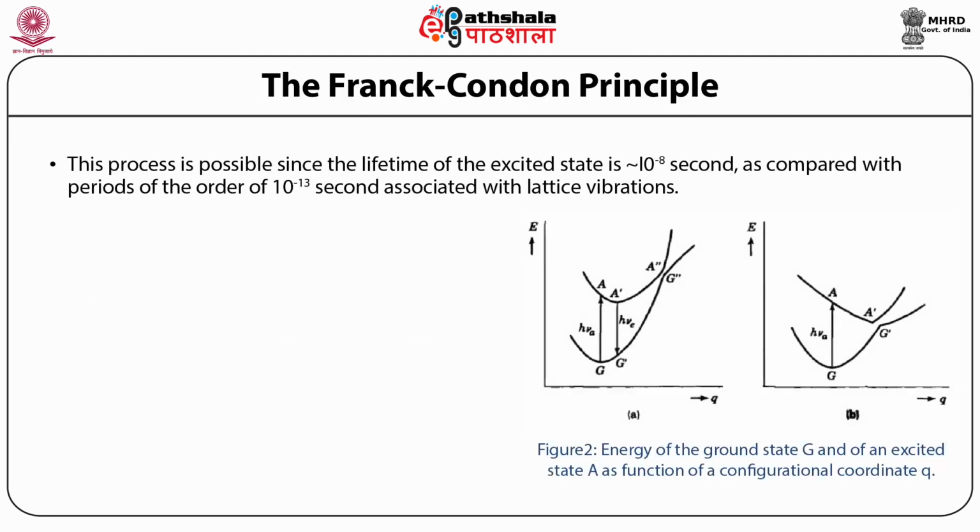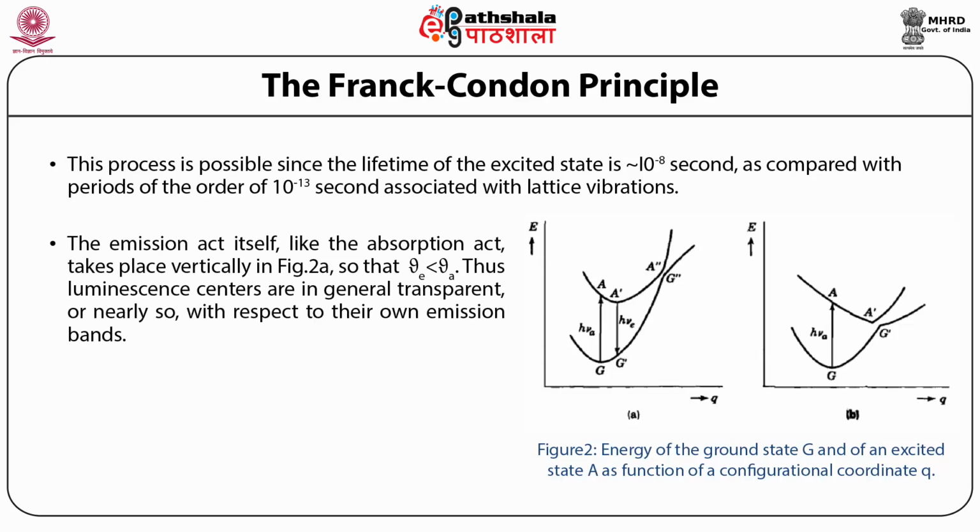This process is possible since the lifetime of the excited state is 10^-8 second, as compared with periods of the order of 10^-13 second associated with lattice vibrations. The emission act itself, like the absorption act, takes place vertically in figure 2a, so that ν is less than ν_a.